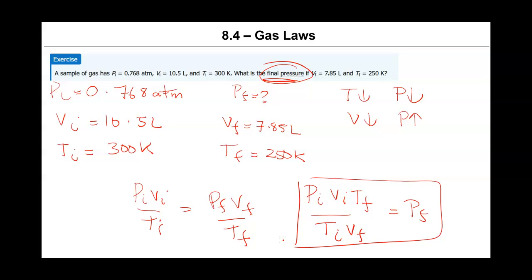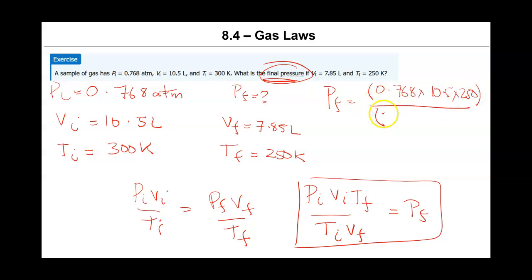Okay, so remembering to keep everything in parentheses on both the top and the bottom line, we can go ahead and solve now. So P final is going to be equal to P initial, which was 0.768, times V initial, which was 10.5, times T final, which was 250, put all of that in parentheses, divided by T initial, which was 300, times V final, which was 7.85.